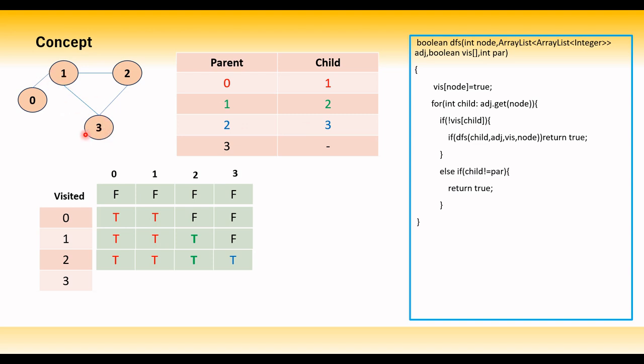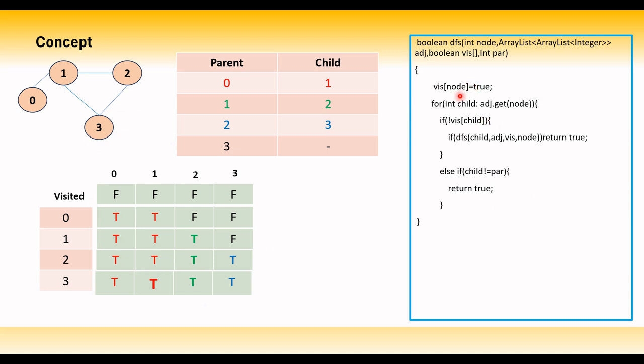So it means definitely a cycle exists, since it's visited and it's not the parent. However, for 2, whenever we are at 3 and check node 2, it will be visited, but it is the parent of node 3, so this cannot tell us that a cycle exists in the graph. So finally we can just return a true value.